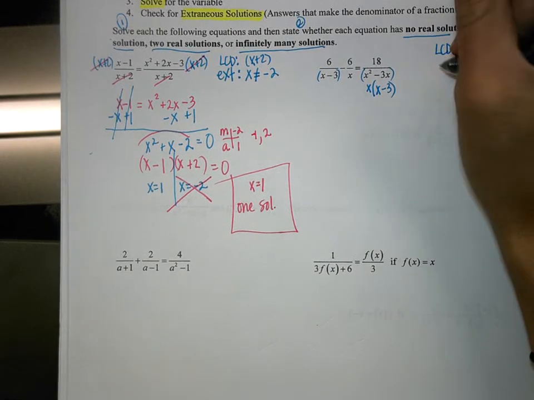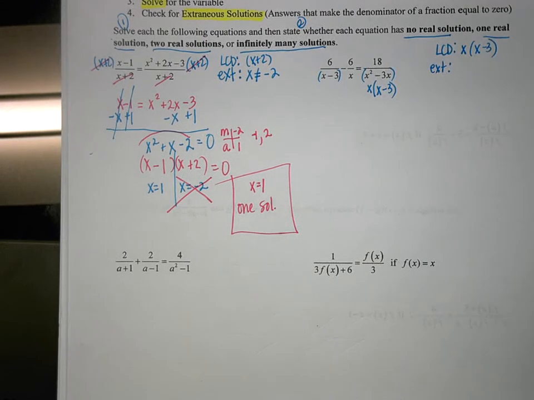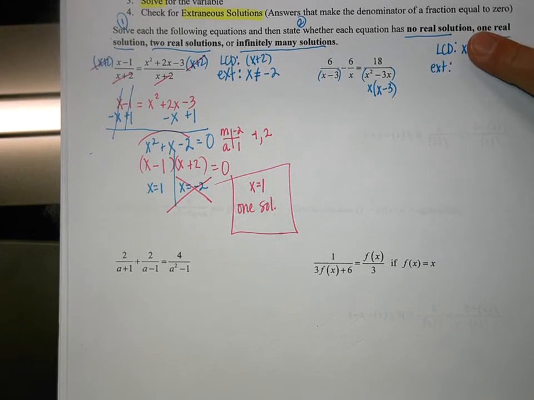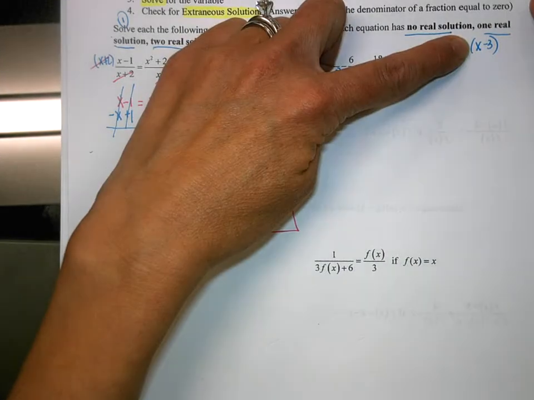All right. Now, what would be my extraneous solutions for this problem? So you would set each of the LCD parts equal to 0. So you see how that's one part? So one extraneous solution would be 0, because you would set that equal to 0. Okay? The other extraneous solution would be 3.